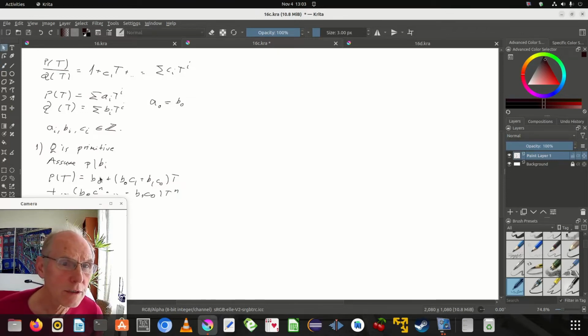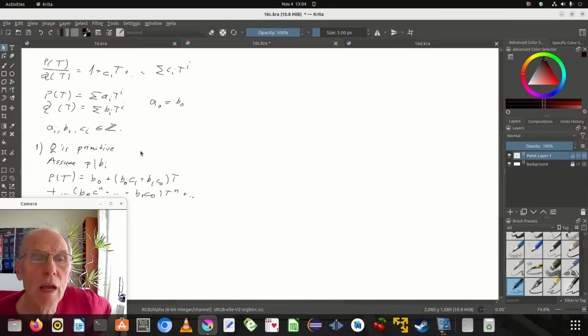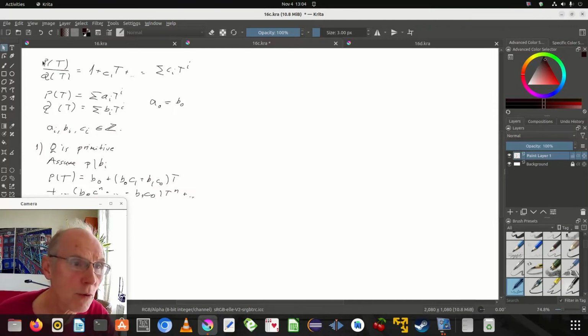And of course this is equal to a0, this is equal to a1 and an, and it will of course continue, except from a certain point they'll all vanish. And now it's obvious, if p divides all of these factors, then it will divide all of the ai's. I missed that. All right, that was the first point.